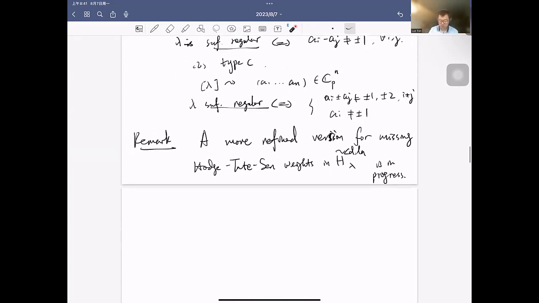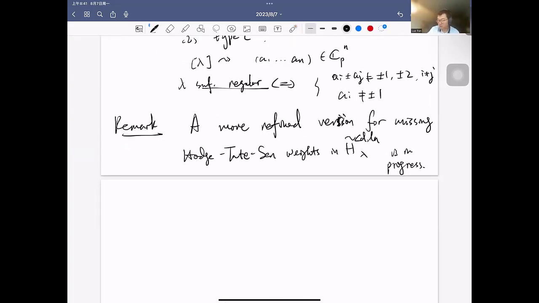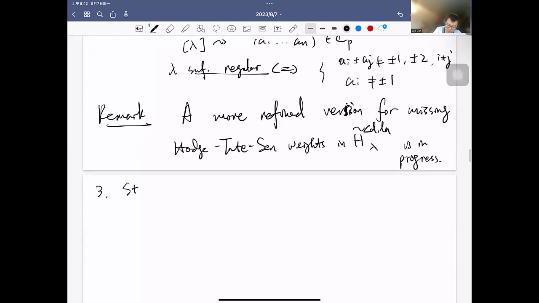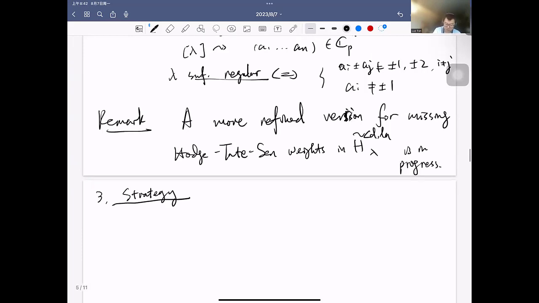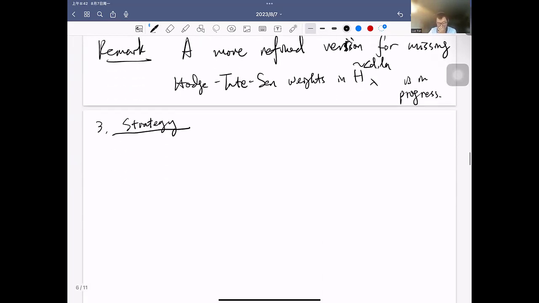Okay, so let me just give a quick sketch of the strategy. If you remember, I mentioned at the very beginning that even already in the case of the modular curve, we need some ingredients.